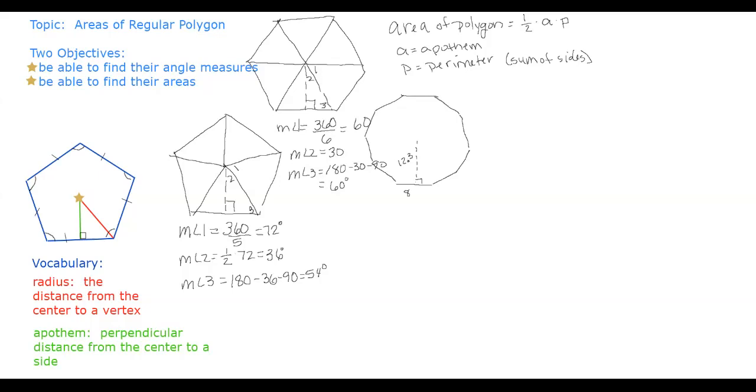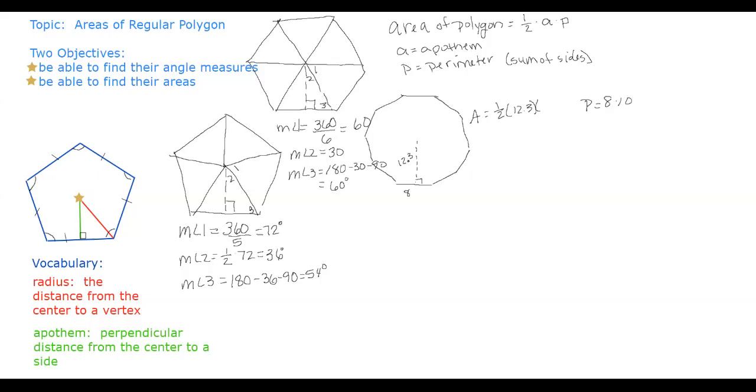So if I want to find the area of this shape, then the area is going to be equal to 1/2 the apothem, which is 12.3, times the perimeter. Well, the perimeter is going to be 8 plus 8 plus 8 and so on, or because it's a regular figure, it's going to be 8 times 10 because there are 10 sides.